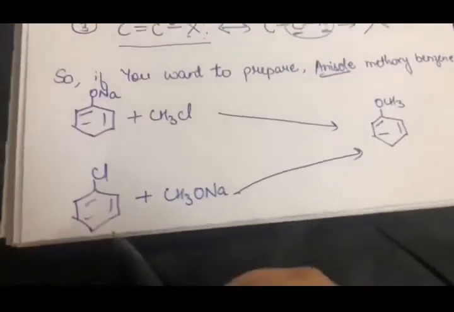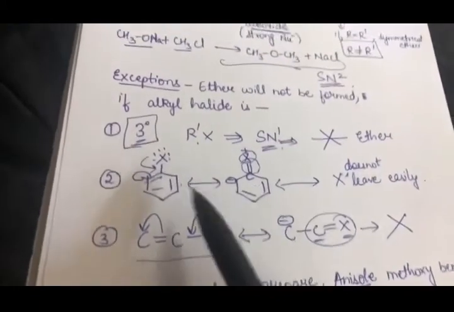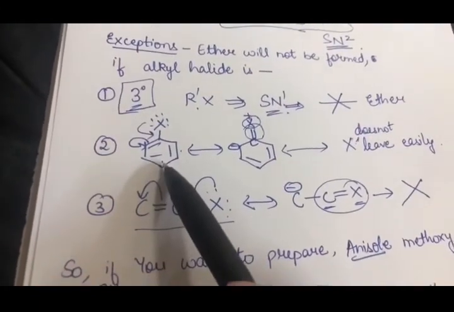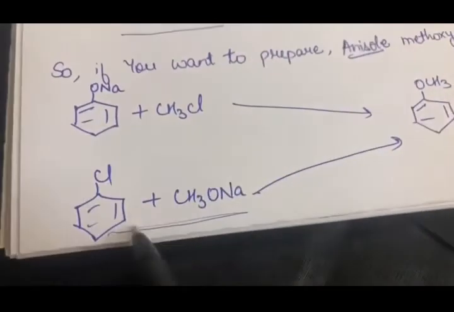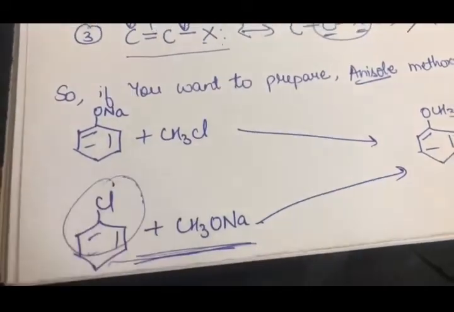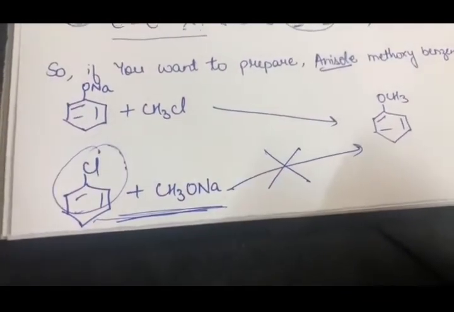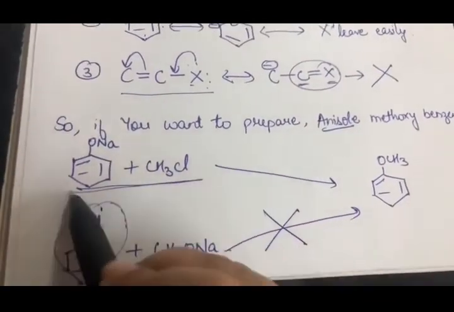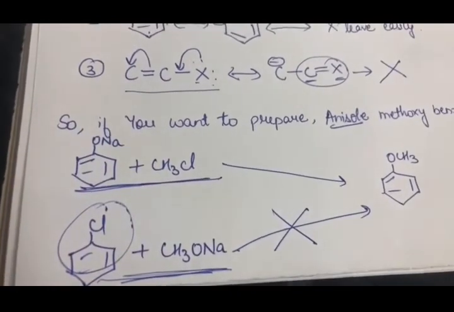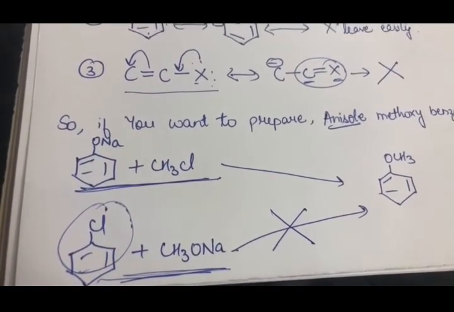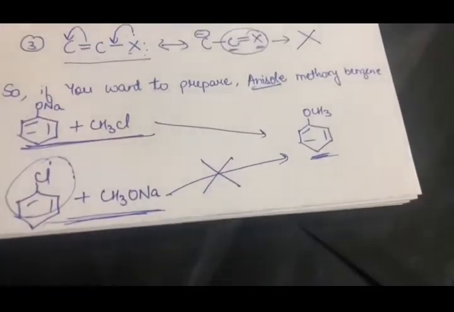Now, as we discussed above, whenever there is an aryl halide, the reaction will not proceed. So again, in this option, I have an aryl halide and hence this will not lead to the formation of anisole. I have only the other option, which is sodium phenoxide and methyl chloride, to produce anisole.